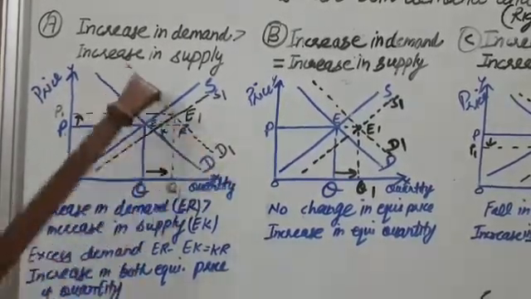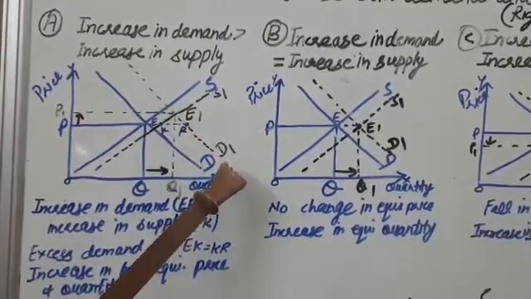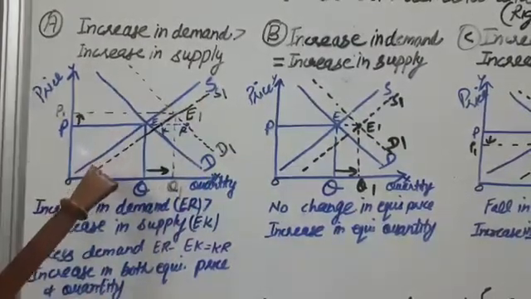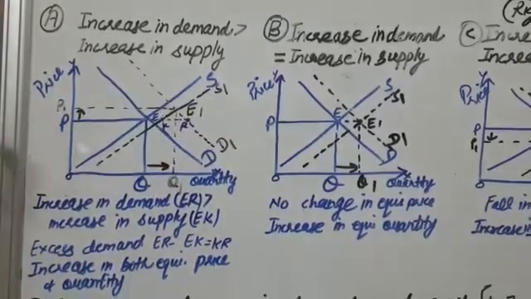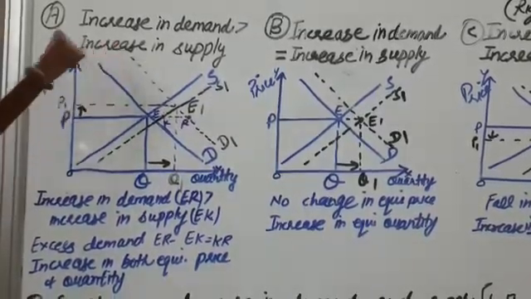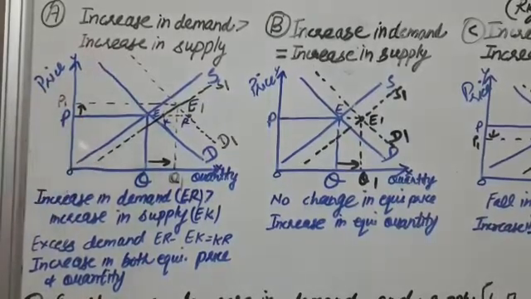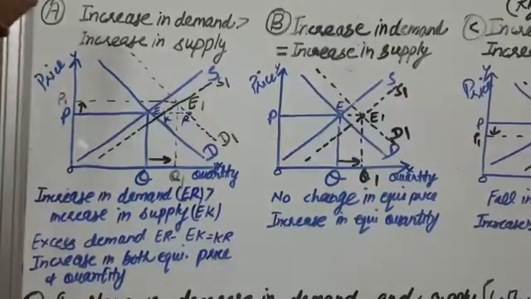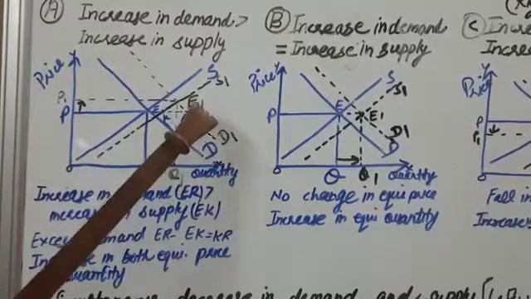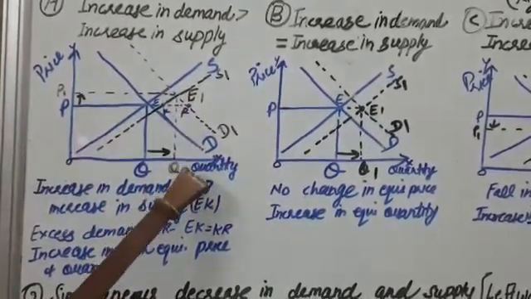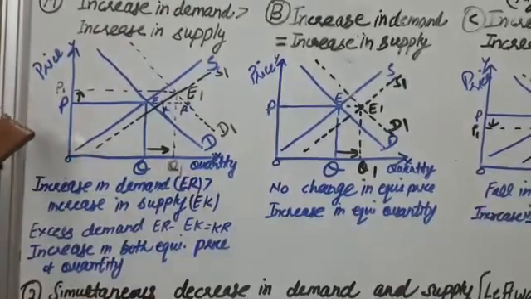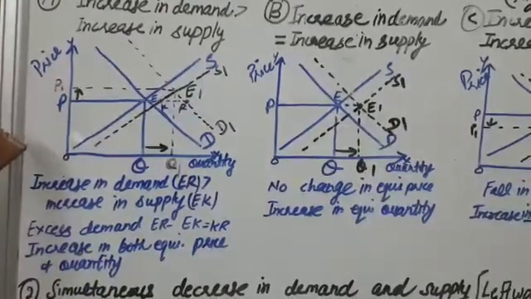So here demand curve becomes D1, supply also increases, supply curve is S1. It is clear from the diagram. Increase in demand is much more than increase in supply. So new equilibrium is struck at point E1, equilibrium quantity is Q1 and there is rise in equilibrium price, it is P1.